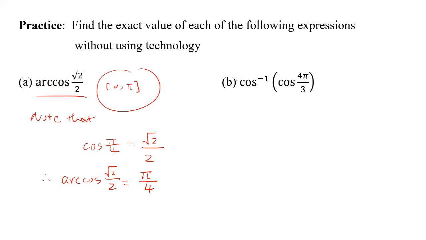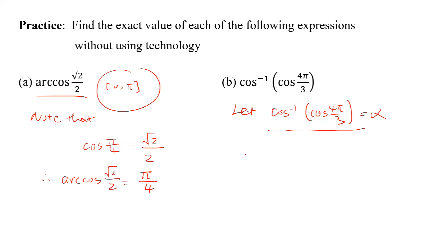Okay, next, let's consider the inverse cosine of cosine 4 pi over 3 as an angle. This is apparently an angle, right? So let's use a letter alpha to denote this angle.